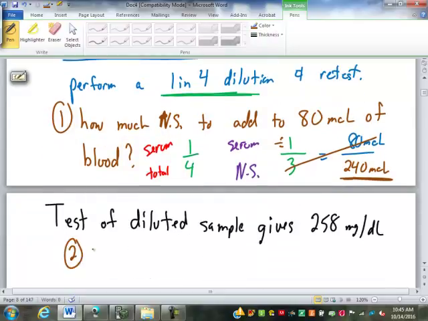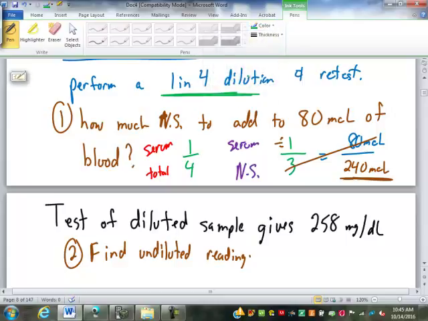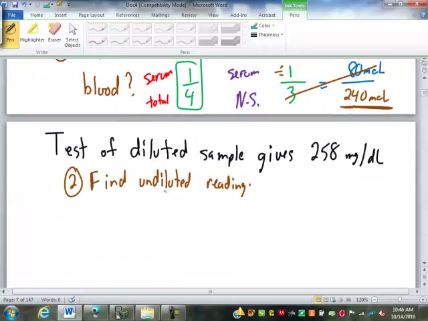So the second thing we have to find here is find the undiluted reading. Well, this goes off of our dilution ratio again. Are we using the 1 to 3? No. We use the 1 to 4, our dilution ratio. The serum to total.